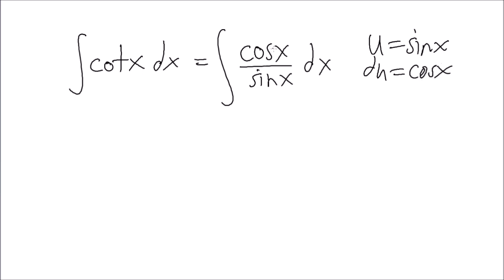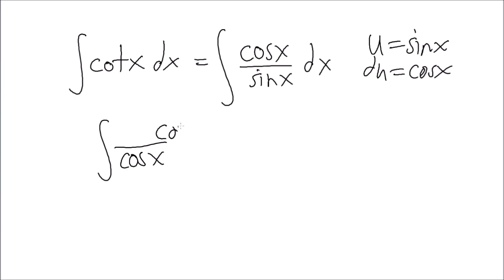Remember that the du has to be on top or outside. It cannot be reciprocal. Meaning you can't have cosine x on the bottom. If cosine x is right here, you cannot do the substitution.